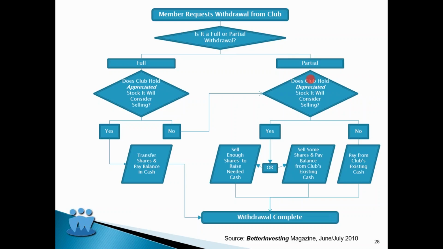For partial withdrawals, there's not really an advantage, and in fact there's a disadvantage to transferring appreciated shares of stock. In other words, we're not getting the benefit of delaying the capital gains that we get in the case of a full withdrawal. So in a partial withdrawal, we should really consider selling depreciated stock. And if we don't have that, then we want to raise money. So we go through these processes over here before we complete the transaction.